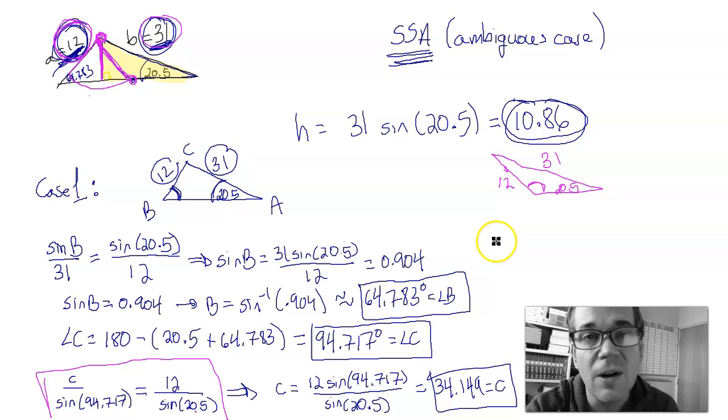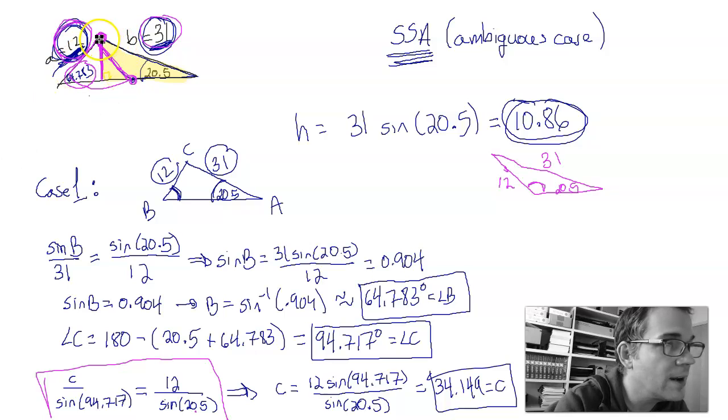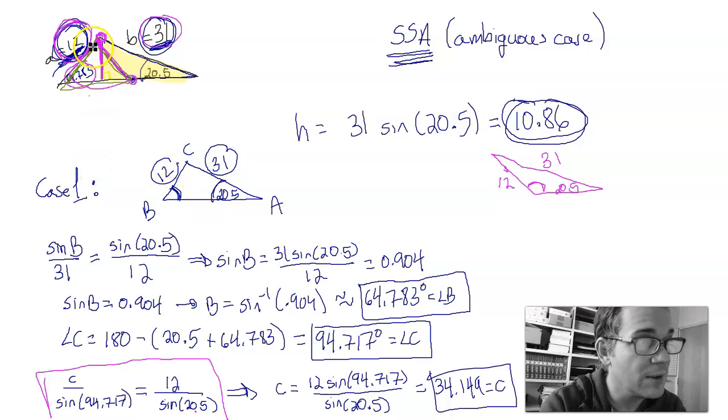Well, the truth is we already did most of the work, because the moment I figured out what this angle was, 64.783, up here in green, this triangle that we have up here is in fact an isosceles triangle, right? Both these sides are 12, which means if this is 64.783, so is this. And if this is 64.783, this is the supplement of that angle.